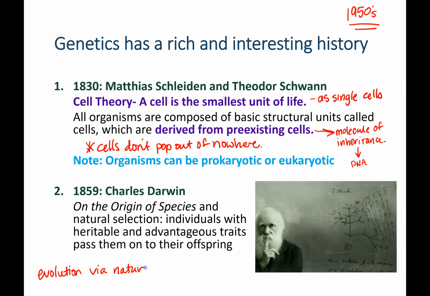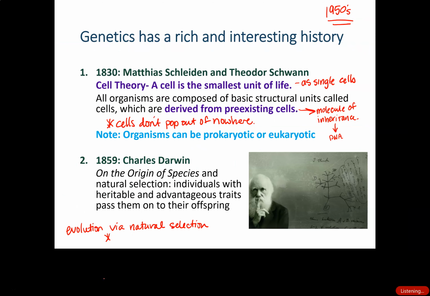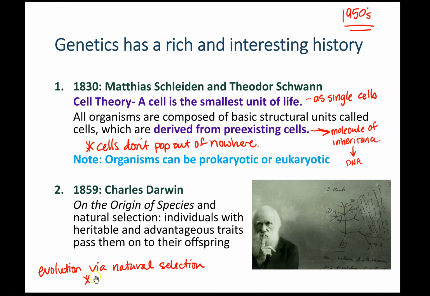This theory says that a population can change over time in response to specific pressures within the environment. Those individuals that have traits that allow them to survive and pass on heritable information are going to pass on those advantageous traits to their offspring, and therefore that trait is going to increase in the population. So this explains changes in the population.